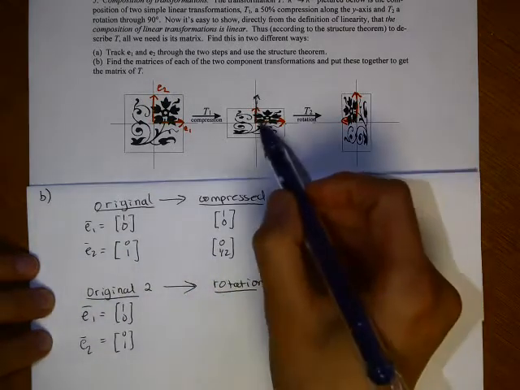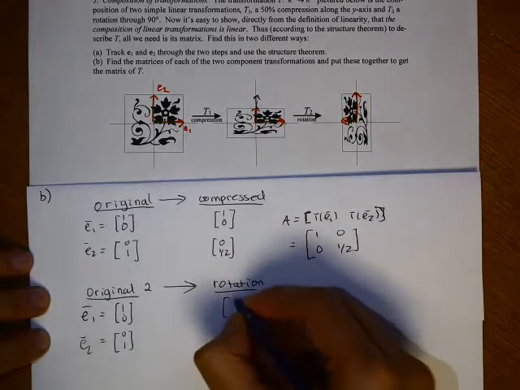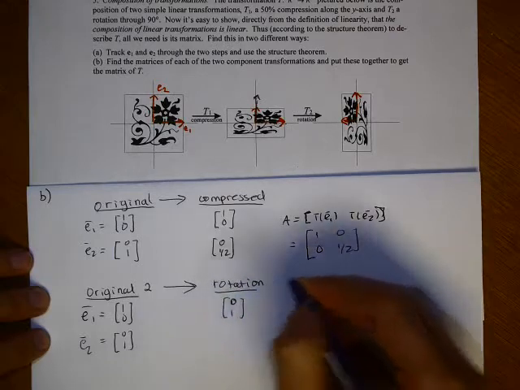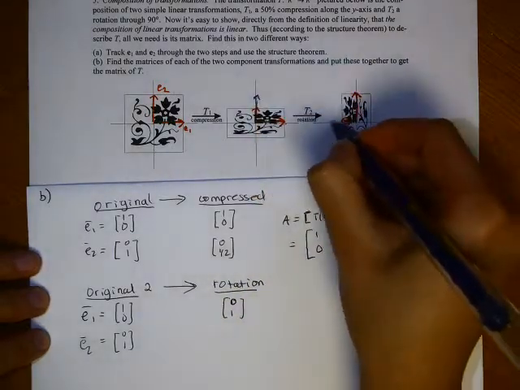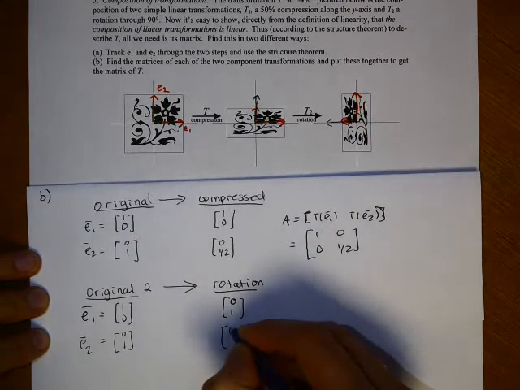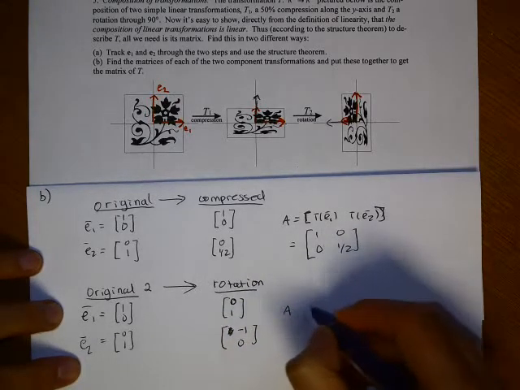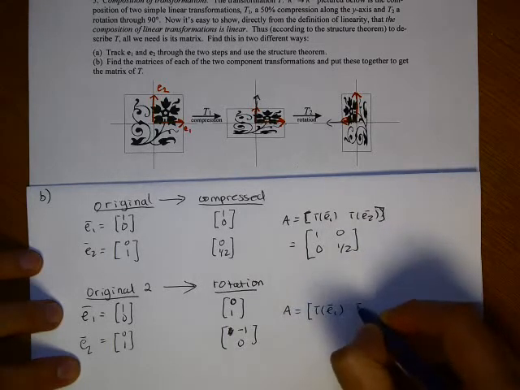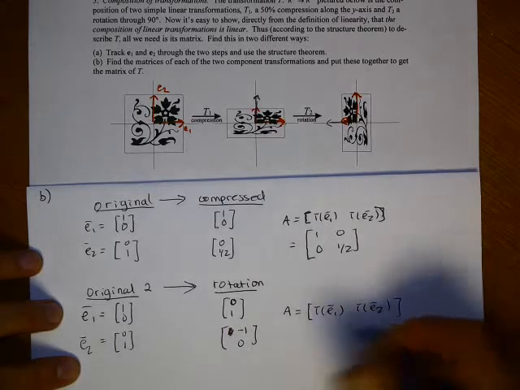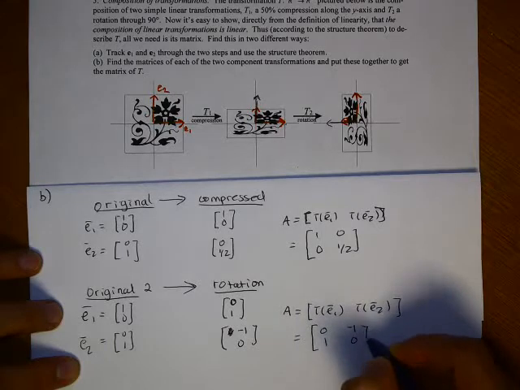And now when we rotate, our E1 vector goes up to there. So we have (0, 1). And our E2 vector goes out to here. So we have (-1, 0). Now let's make a matrix for this transformation. So here's our transformed E1 and our transformed E2.